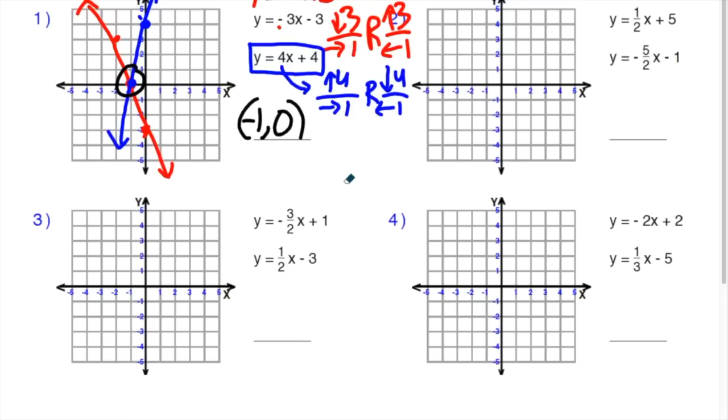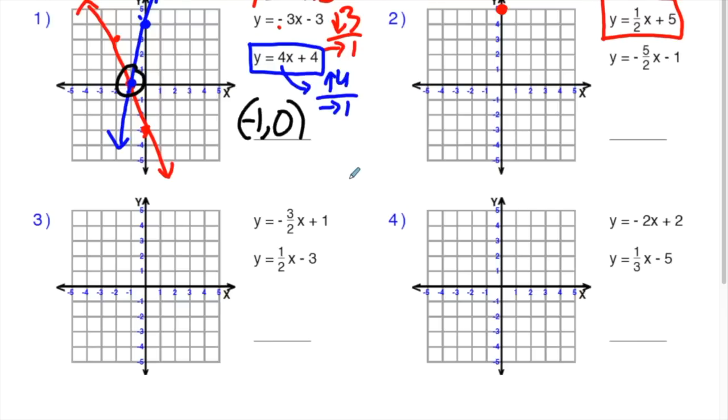I'm going to erase some of this. Okay. So we've got a slope of 1/2 and a y-intercept of 5. If my y-intercept is 5, I'm going to start up here at 5. And man, we are just never having room on this graph. We can't go up 1, right 2.